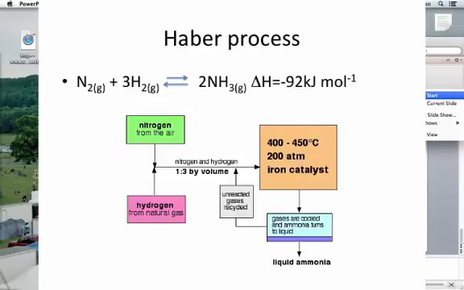But what it will do is mean that we'll reach equilibrium faster. It's important to think about rate as well as about position of equilibrium. Now, the ammonia is then turned into a liquid, and that means that we've taken the products away, which means the position of equilibrium will move back to the right to be able to increase the yield further.